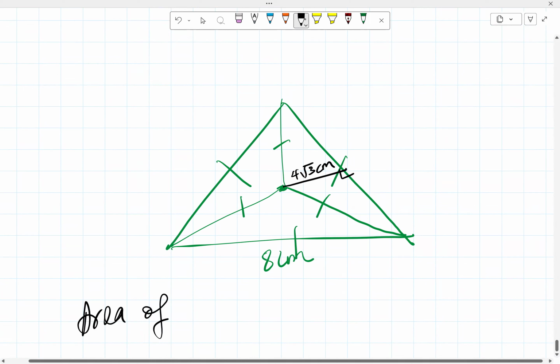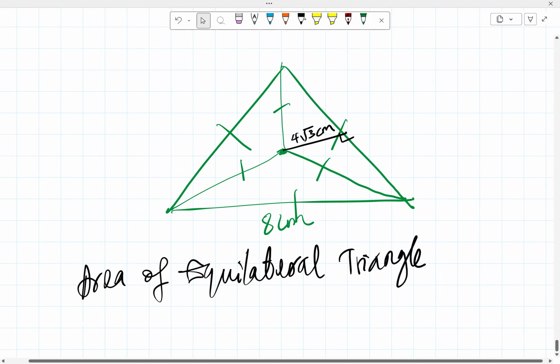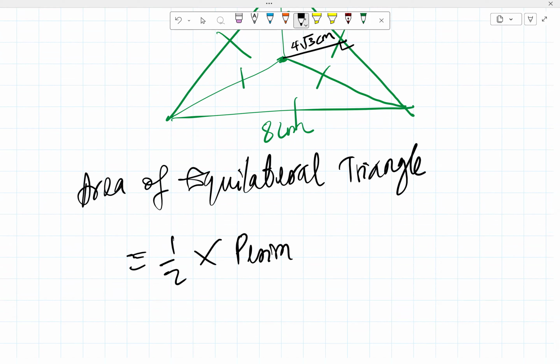So the area of the triangle, it's a regular triangle now. Area of an equilateral triangle, because that's the equivalent of a regular polygon, is equal to half times perimeter times the apothem.